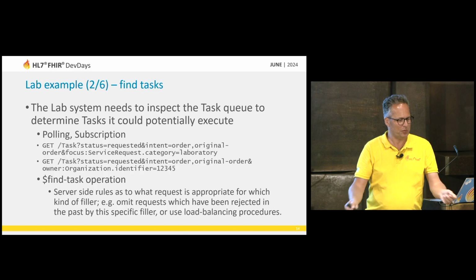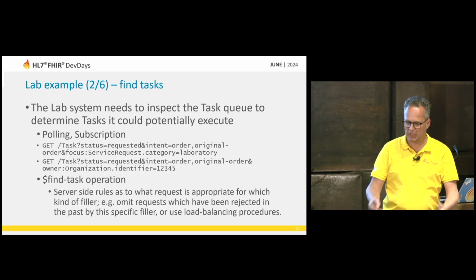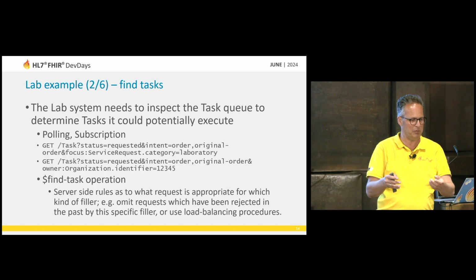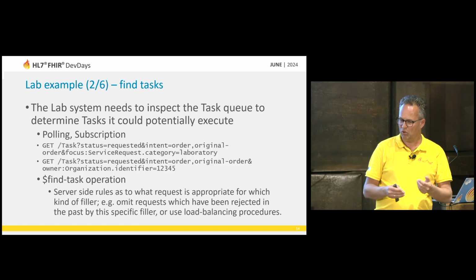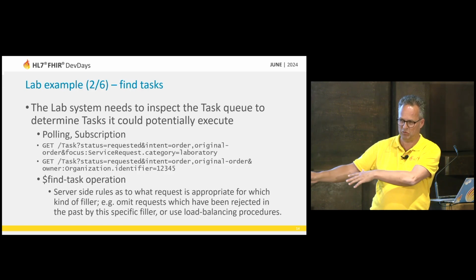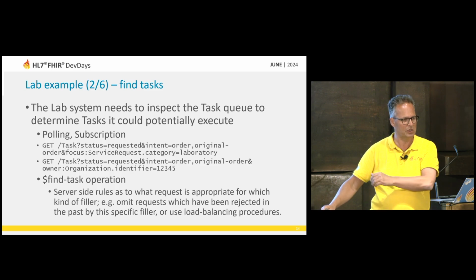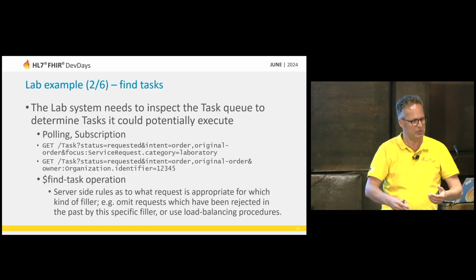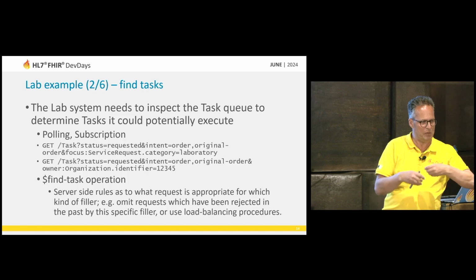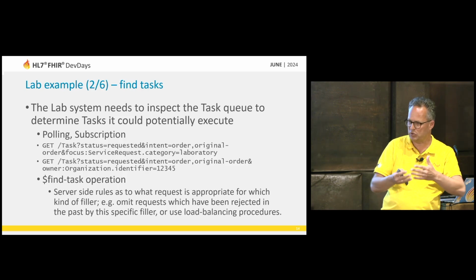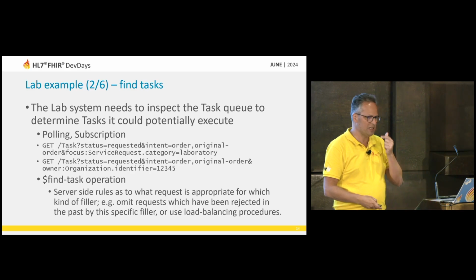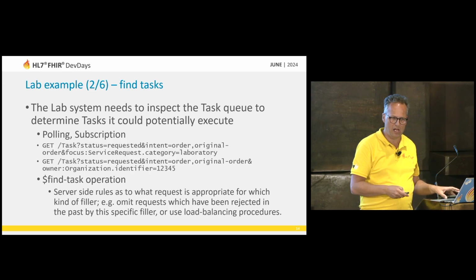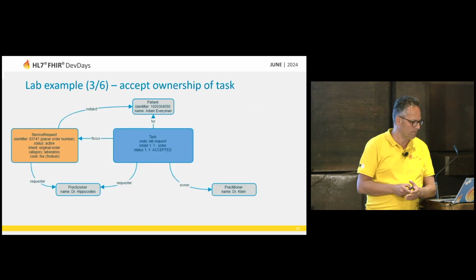So that if you get a lot of requests from one lab, you go like, well, I have to be fair, maybe it's going to be 20% or something, maybe there is some rule, or I'm guessing that you already have enough of a workload. So if you are going to try and claim this, I'm going to refuse it. So there may be some additional logic to decide which of the labs, which of the parties you're actually going to allow to claim that particular task. Hence, an operation so you can hide that complex logic.